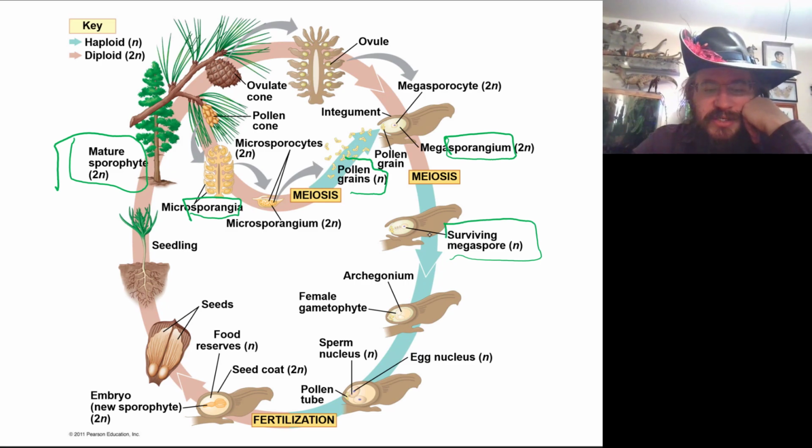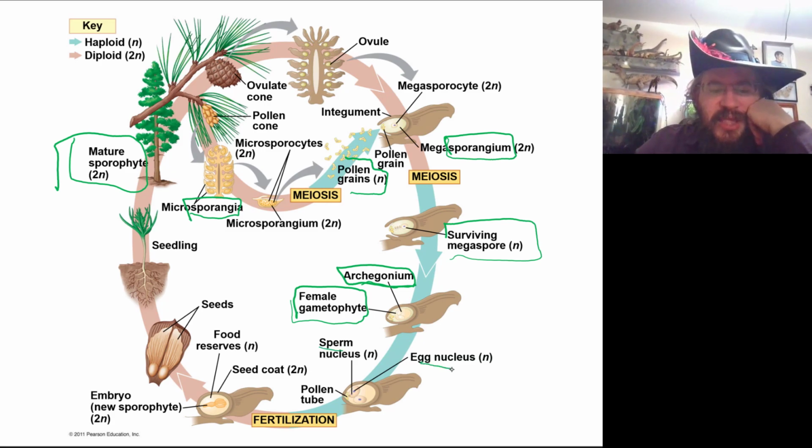And those spores still produce gametophytes, which have the requisite tissues on them. And you still get fertilization, the sperm meeting the egg, and you still get the zygote and then the new sporophyte embryo.